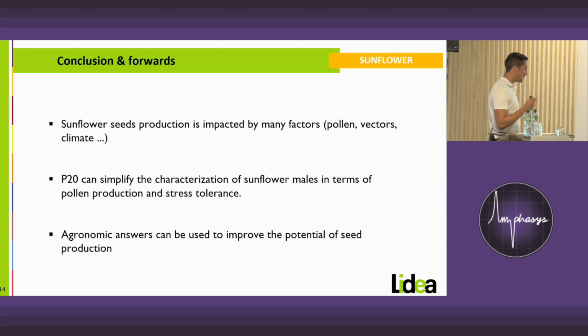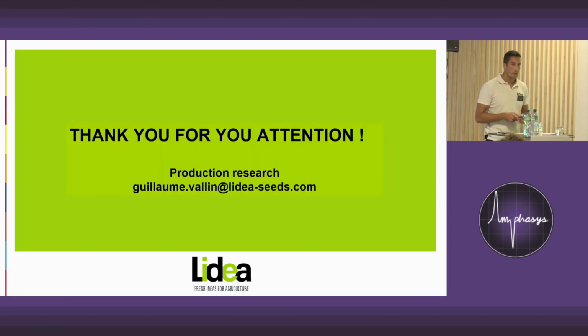And with old techniques, it was not possible to do that just after the research program. And with this result, we are now able to develop agronomic answers to improve the potential of seed production depending on the characterization of our males. Thank you.